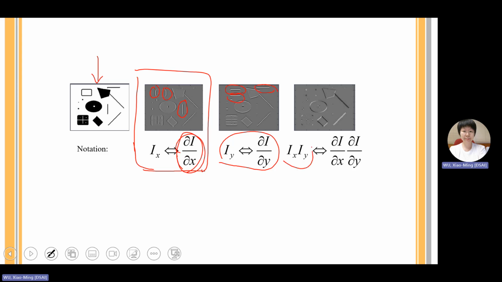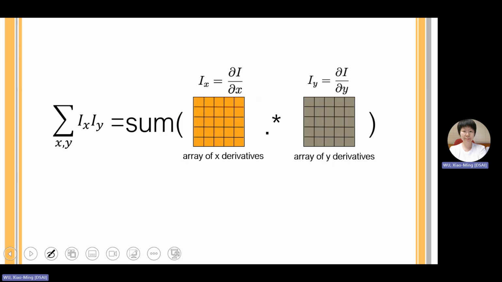Then what is Ix times Iy? Ix times Iy is just the multiplication of the two derivatives. So the summation of Ix times Iy can be computed like this.